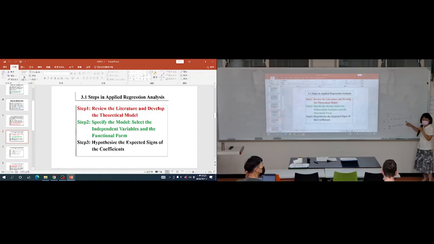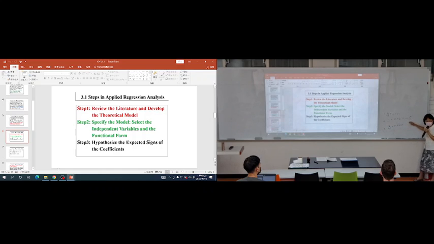Okay, how about this one? This one is different from this one. What's the difference? I do have another variable, but actually it's not another variable, though you can consider it another variable.